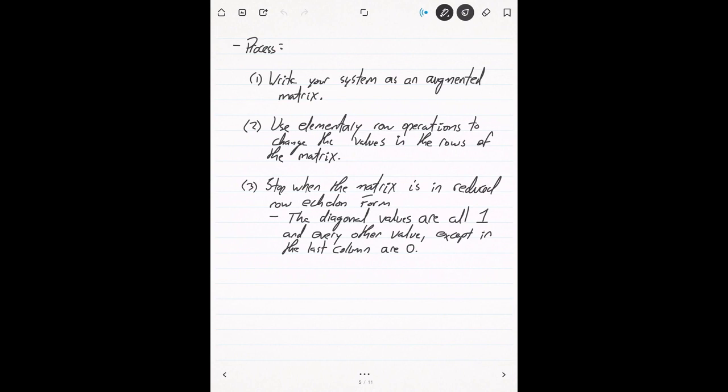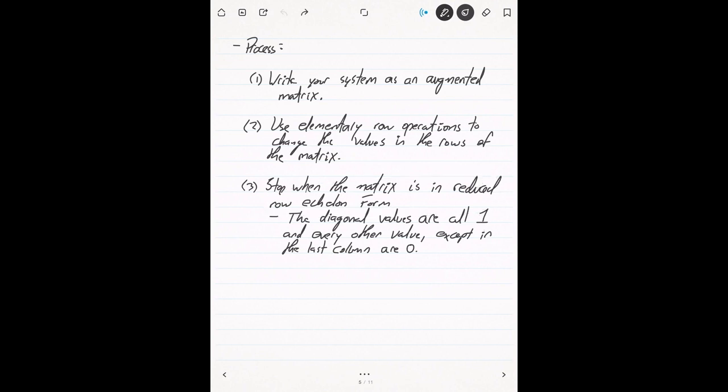The final thing that we need when we're trying to manipulate this matrix is we need the matrix to be in reduced row echelon form. This phrase, reduced row echelon form, is a term that we use to describe the final form we want the matrix in.